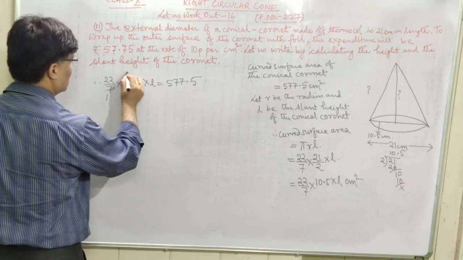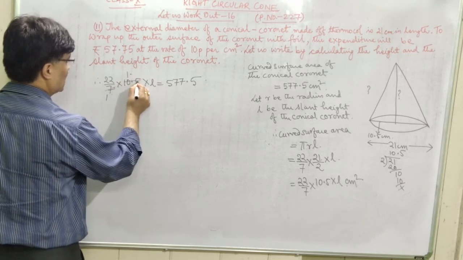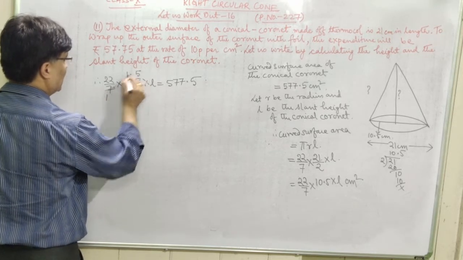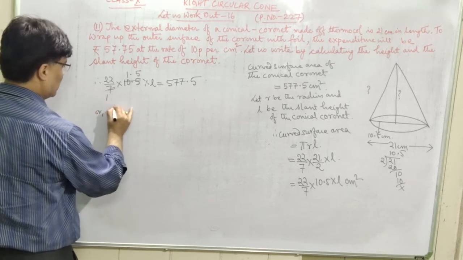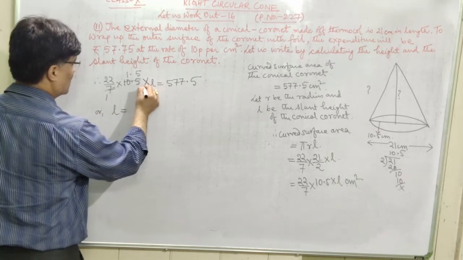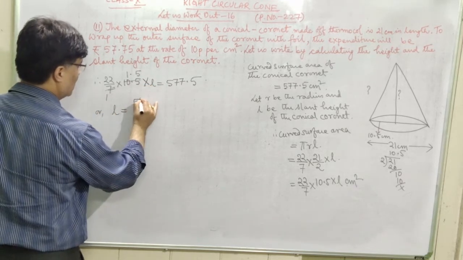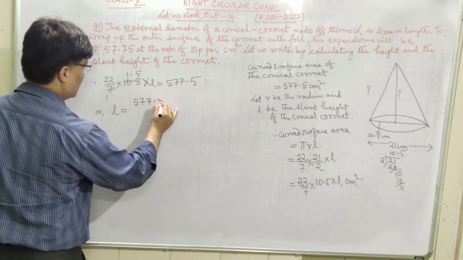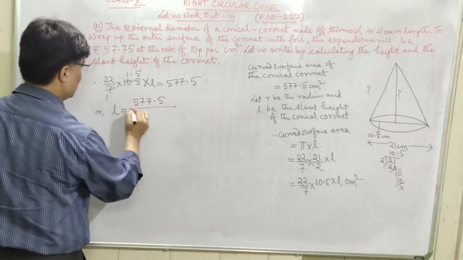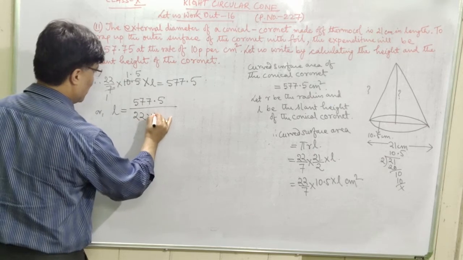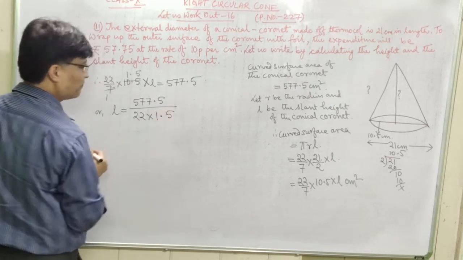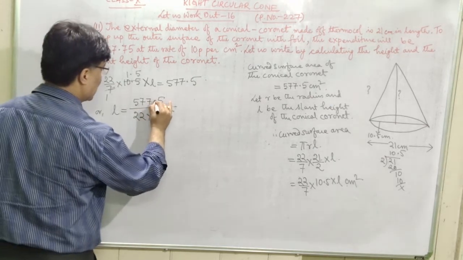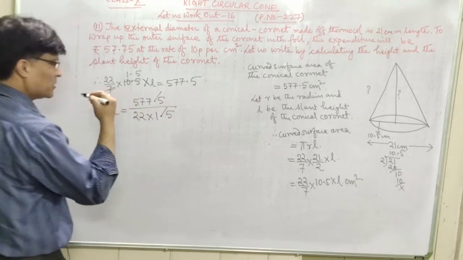Okay, so here you can cancel this. 7 ones are 7, 7 fives are 35. What is the value for L now? L is equal to 577.5 divided by 22 multiplied by 1.5. Here you can cancel the decimal points.